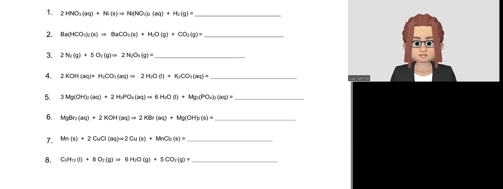When we closely look at the product, we see that now nickel is with NO3 and hydrogen is by itself. So this illustrates how this reaction is a single replacement reaction.